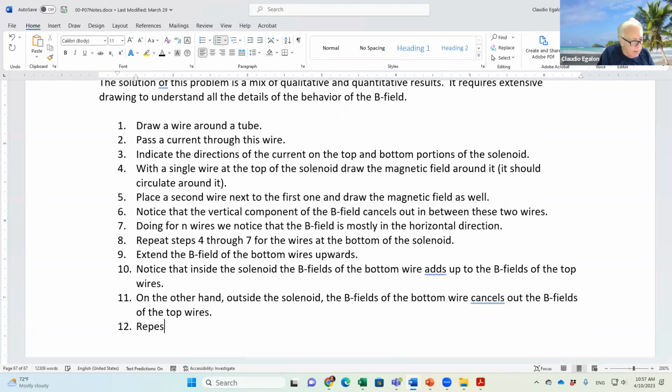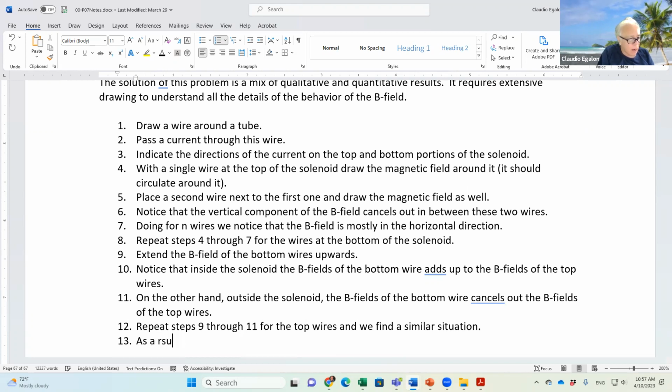Repeat steps 9 through 11 for the top wires. And we find a similar situation.